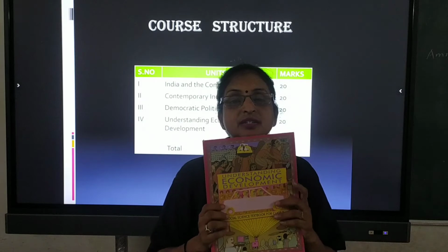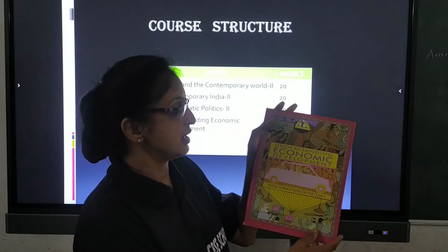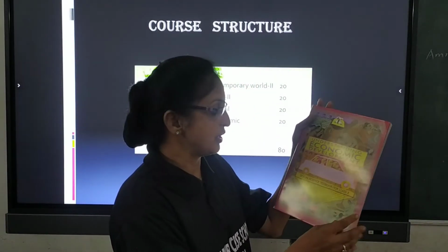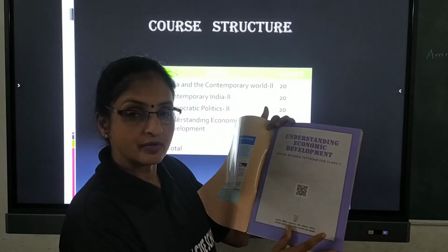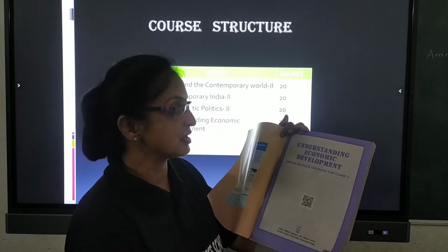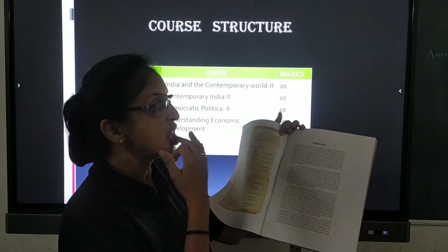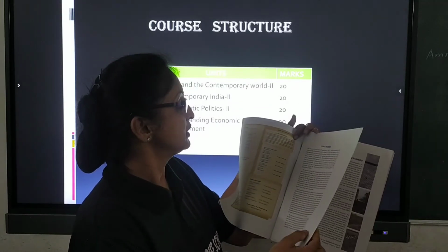Your last unit is Economics. This is Understanding Economic Development. Read the front cover page as well as the last cover page. Go through all the content in the textbook.